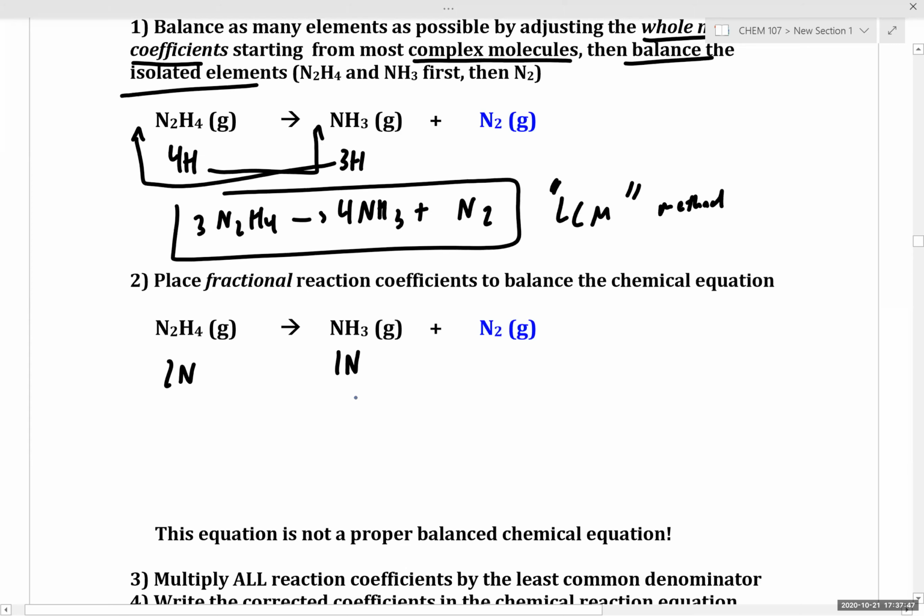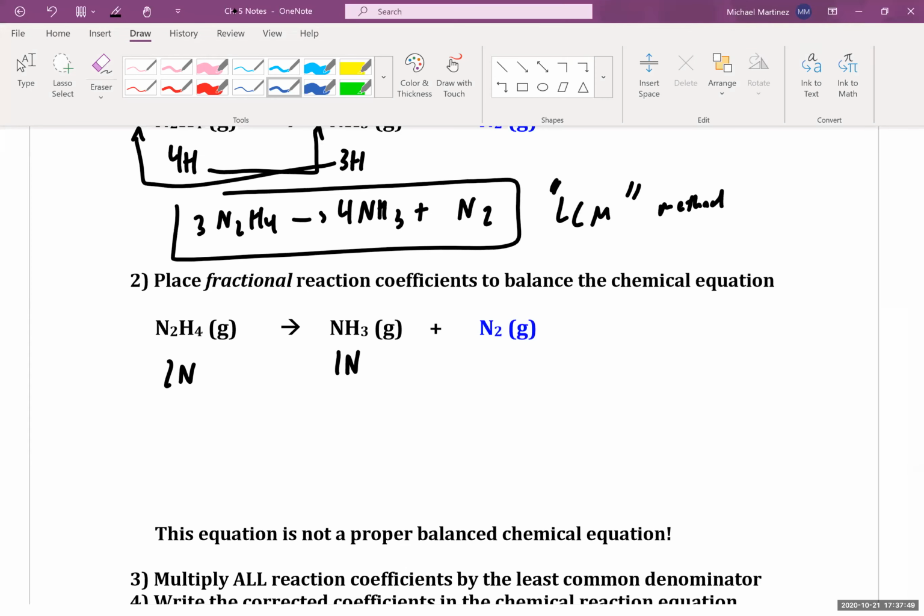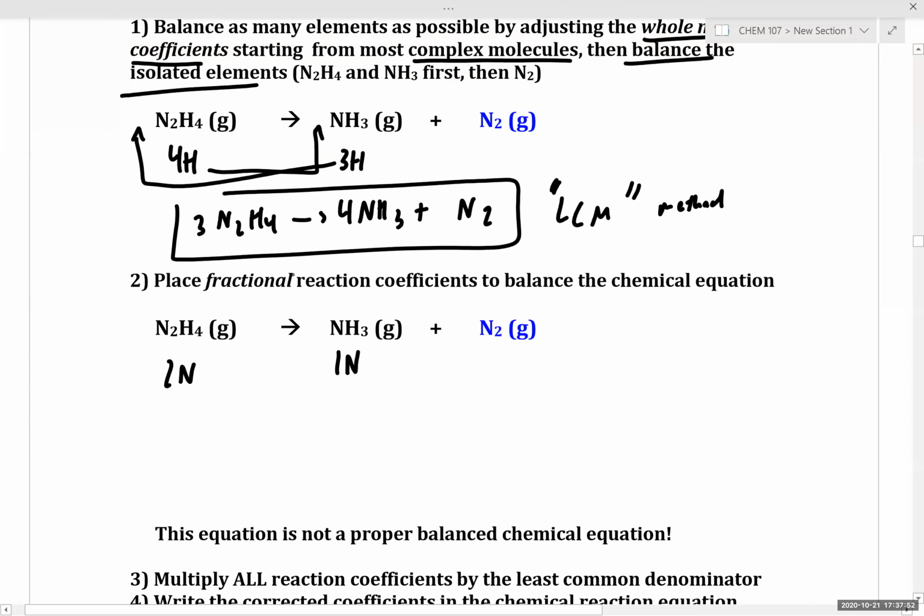So another fraction that we could potentially guess in this case is, if we have 2 nitrogens and 4 hydrogens on the left, and we have 1 nitrogen and 3 hydrogens on the right, we can just as easily apply this idea of guessing a fractional coefficient by placing a fractional coefficient in front of N2H4 or NH3.